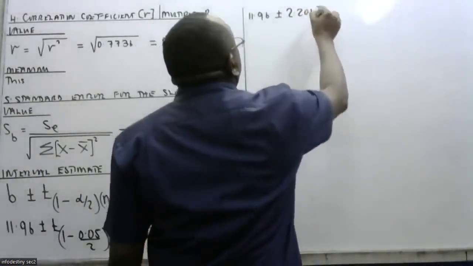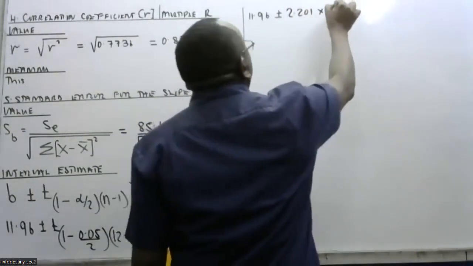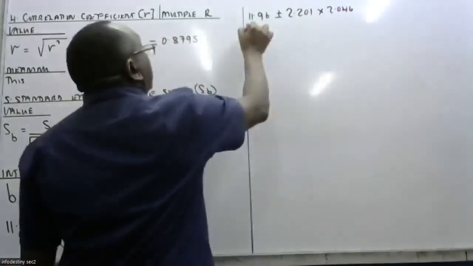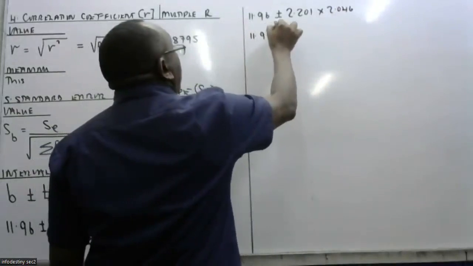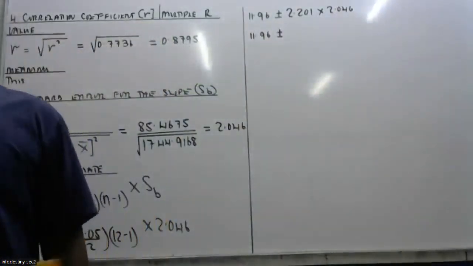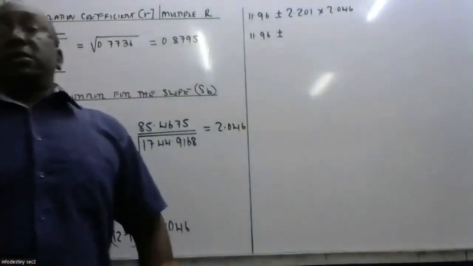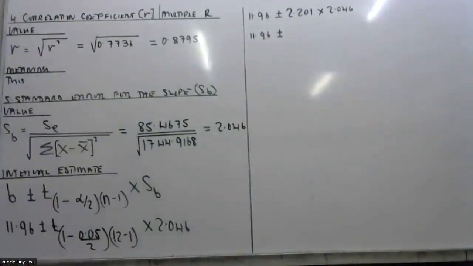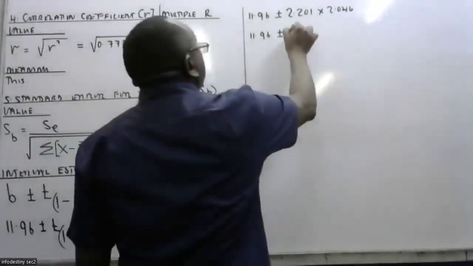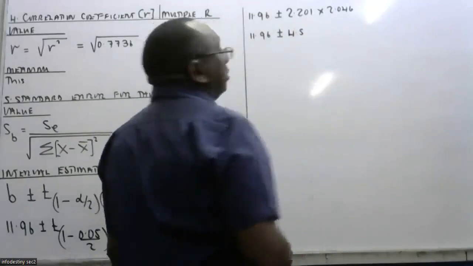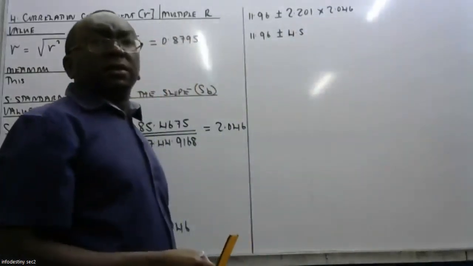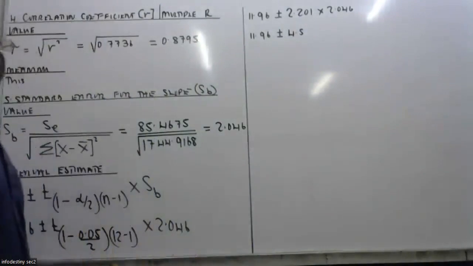It is 2.201. So you multiply by 2.046. Multiply this and give me the answer to 2 decimals. It is 4.5.